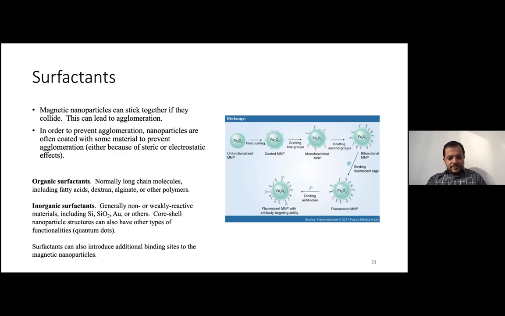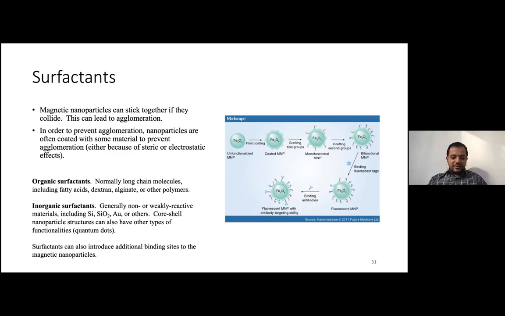Now, surfactant is an important concept. Once the nanoparticles are created, we use surfactants to keep them stable in our solutions and basically away from each other, because magnetic nanoparticles can stick together, and if they're not treated with the surfactant, they will agglomerate and can cause difficulties.